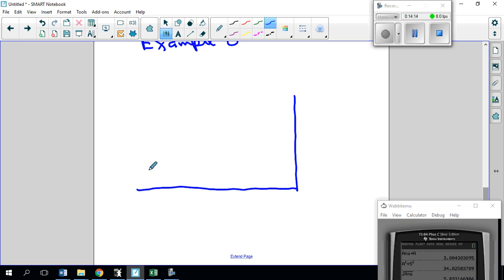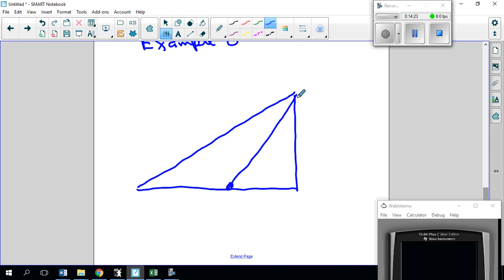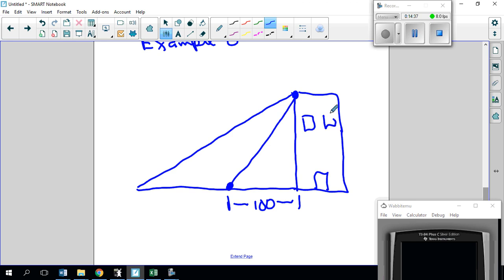So basically, you're here 100 feet away, and you're looking up at the top of, say, a building. Let's draw a building, door, windows. And there's a certain height there, of course.